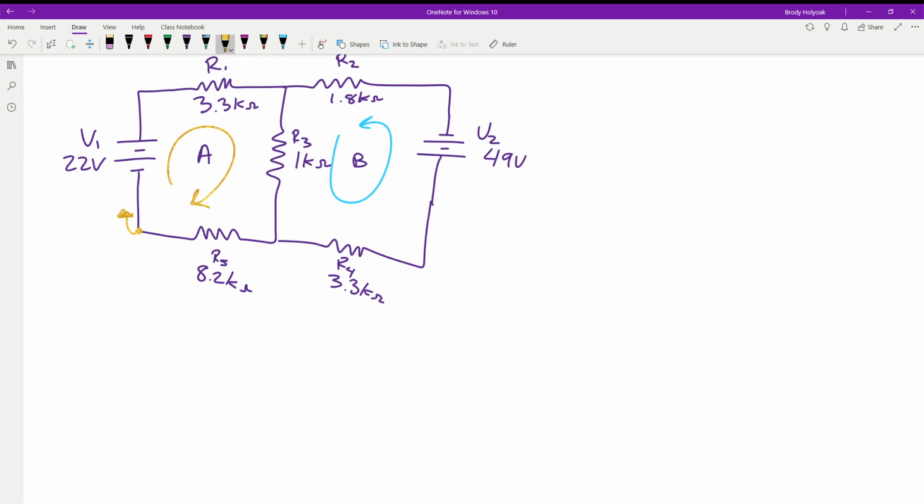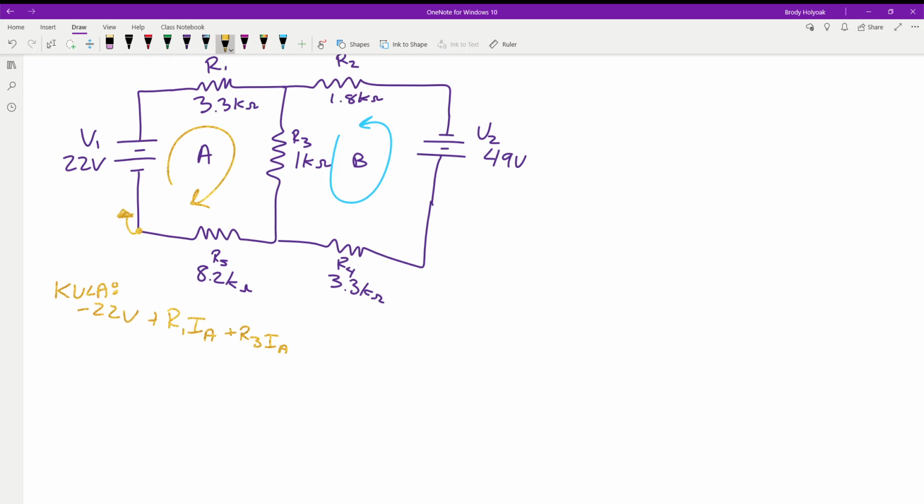So the first thing we run into is the negative 22 volts. The next thing we run into is R1 times IA. The next component we run into is R3 IA. And then the other current, like you guys were saying, is now we have current B. It's coming down through the same resistor as well.